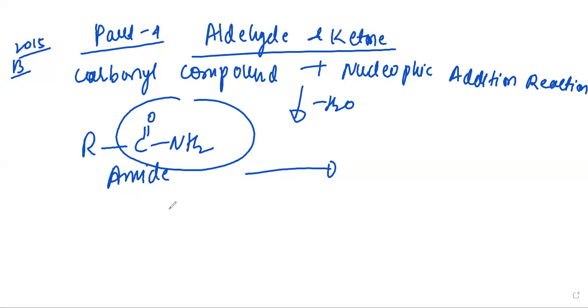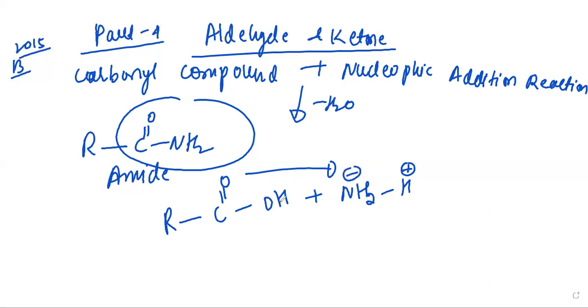Suppose I am taking the carbonyl compound R C double bond O. Here a carboxylic acid is there. When it reacts with ammonia, NH2 and H are there. So this will be plus and this will be minus. In a similar manner, this OH is minus and this is plus.